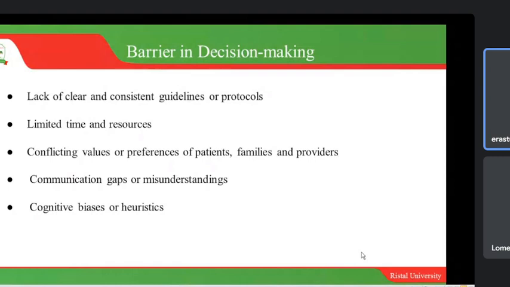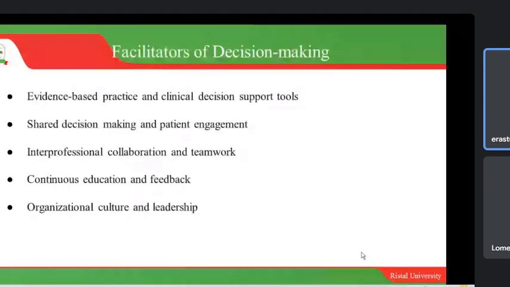Facilitators of decision making, or what makes decision making happen. Number one is evidence-based practice and clinical decision support tools. Once we have evidence-based practice, then decision making is going to be very easy in our healthcare facilities and in the healthcare space.